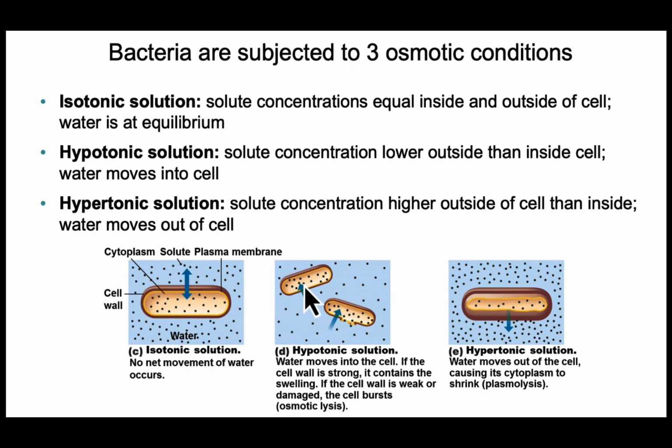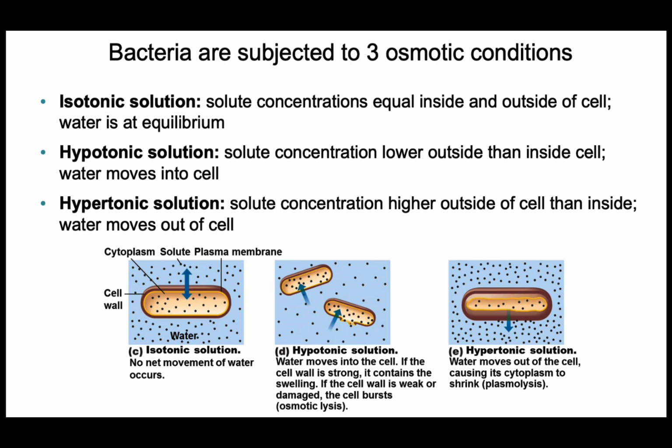If there are more solutes inside the cell than outside, the water tries to go into the cell to kind of dilute out what's in the cell. So this is called a hypotonic solution. There are fewer, that's what hypo means, fewer solute molecules outside than there are inside. So the water tries to go inside to dilute those solute molecules out.